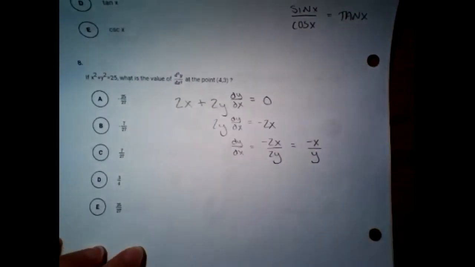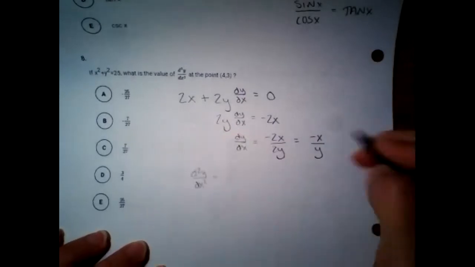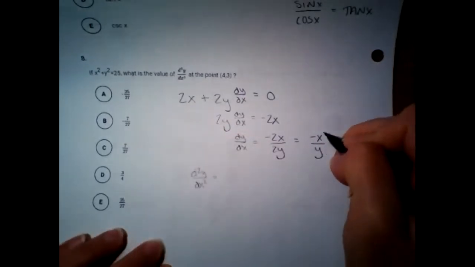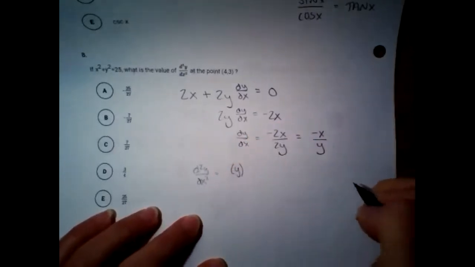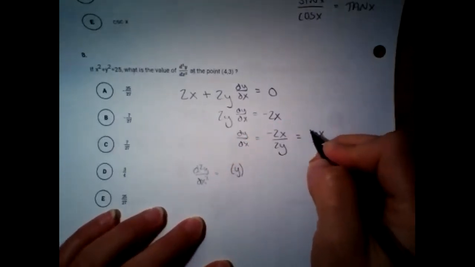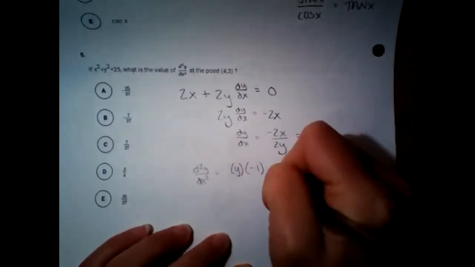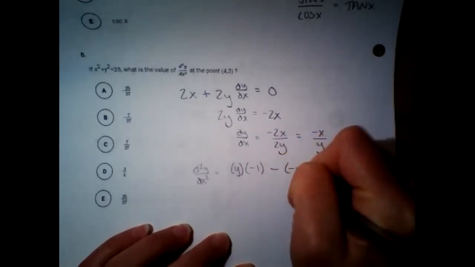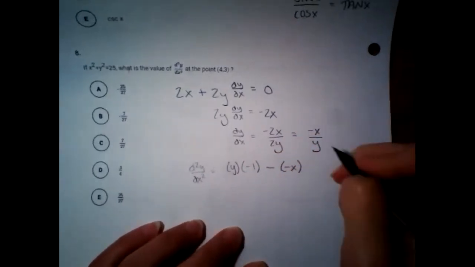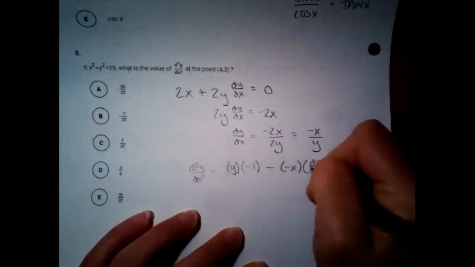All right, so now we're going to go and do the second derivative. And because this is a fraction, that's going to involve a quotient rule. So quotient rule is the denominator times the derivative of the numerator, which would be -1, derivative of negative x would be -1, minus the numerator times the derivative of the denominator, which would be dy/dx.